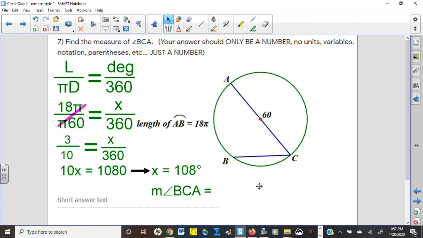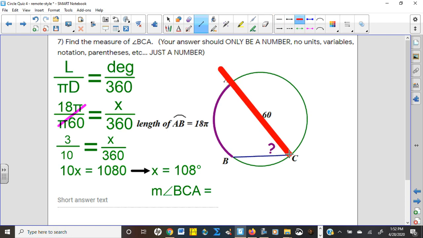Now the problem on this is a lot of people said that's my answer, 108. But remember, 108 is what you just found, the measure of this arc. Remember what they asked for. They asked for this angle in here, right? And this angle is not a central angle, so it's not a one-to-one relationship. This angle is an inscribed angle, which is always what?